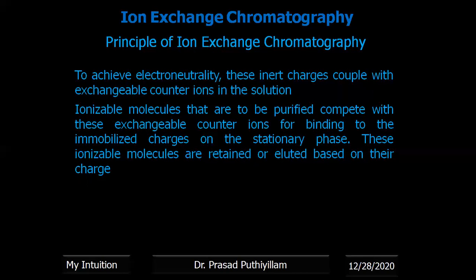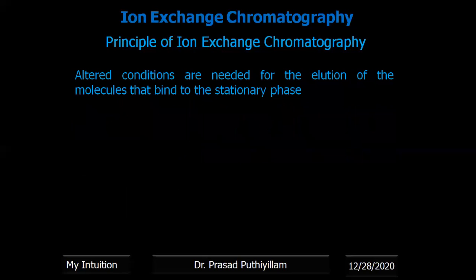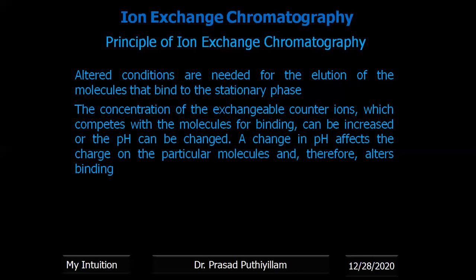Based on the potential or the amount of charge present in the counter ion, we can separate the molecules. Initially, molecules that do not bind or bind weakly to the stationary phase are eluted first. They can be washed out first, and then the conditions are varied, for example temperature, but usually pH is our main focus. The concentration of exchangeable counter ions which compete with the molecules for binding can be increased.